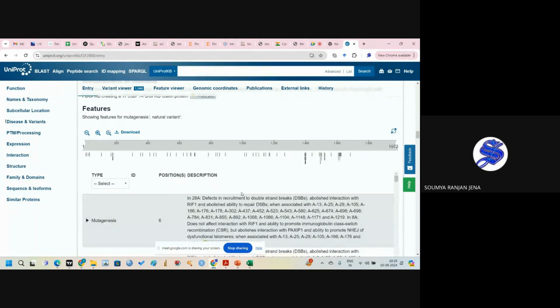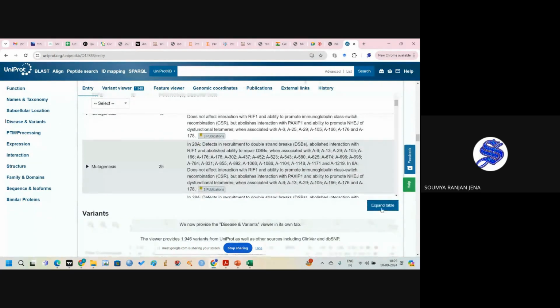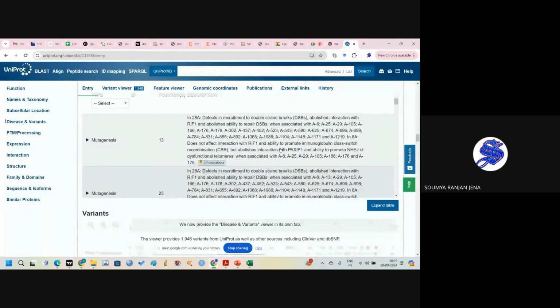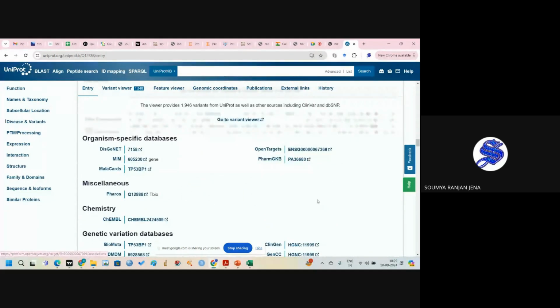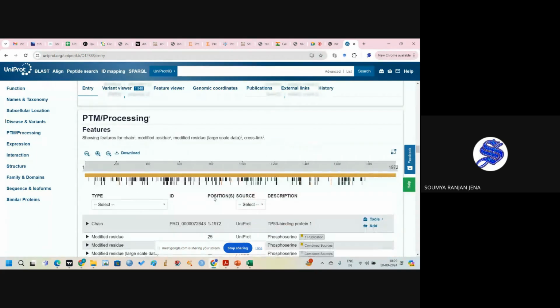These different types of disease data you can also find in this database. And mutagenesis, different types of mutagenesis processes also you can find here. And the post-translational modification, different types of acetylation, methylation, different types of modification are also found in that gene.